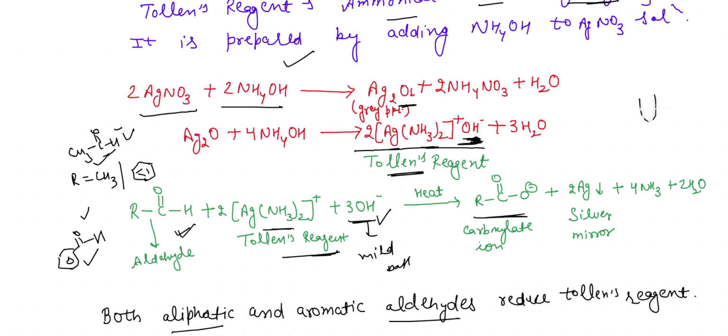Once formed, this silver gets deposited on the side walls of the test tube and shines like a mirror. That's why this test is also known as the silver mirror test.